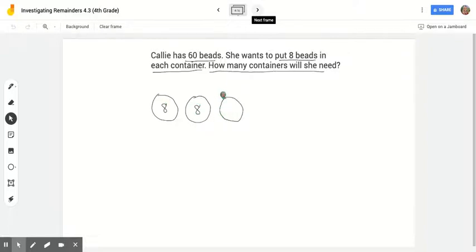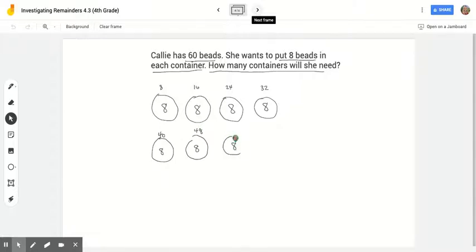Another. So we've got 8 so far, 16 beads, 24, 32, and then 40. Another 8 makes 48.